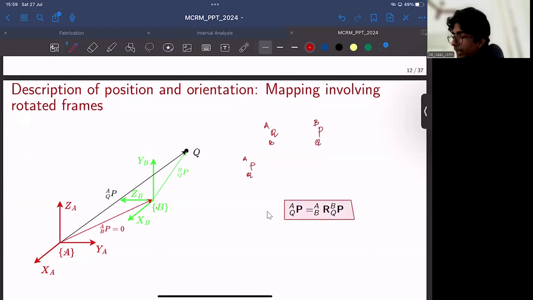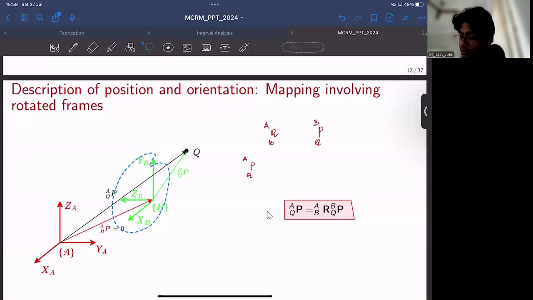We have to pre-multiply the position vector with respect to B by the rotation matrix. And we already know how to determine the rotation matrix of a frame B with respect to another frame A. So here in this instance, we would simply consider frame B and frame A to be coincident, but not oriented.